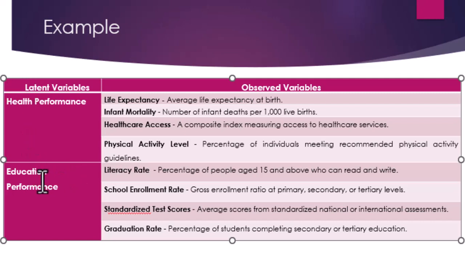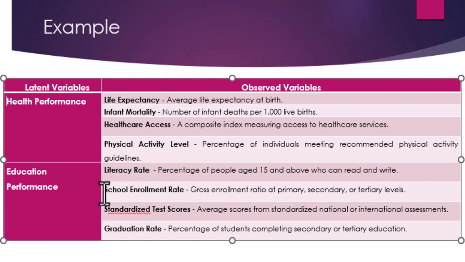Another example is education performance. Education performance is a latent variable. This latent variable is measured by 4 observed variables. The first one is literacy rate. You can measure literacy rate based on the percentage of people aged 15 and above who can read and write. Maybe the percentage is 20%, 40%. So you can tell the percentage of the literacy rate. That one is an observed variable.